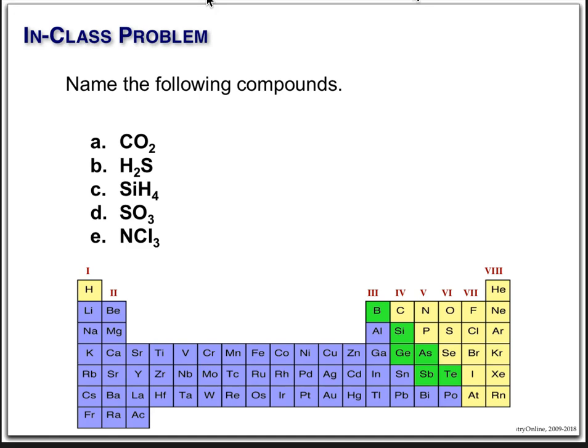We don't use mono, we're just going to put carbon. We have 2 oxides. We will call this dioxide. We have 2 hydrogens, don't we? So we're going to call that a dihydrogen. Now we have 1 sulfur, so that's going to be a monosulfide.